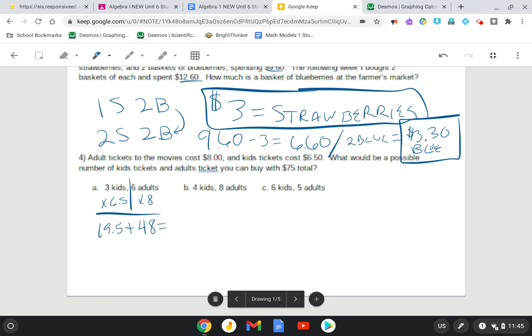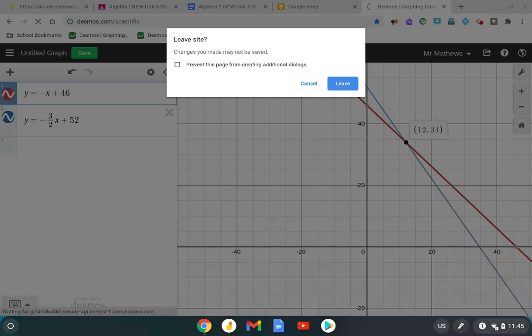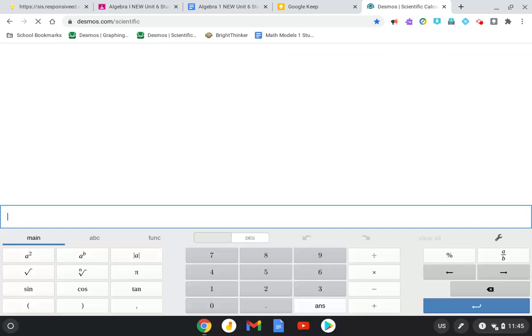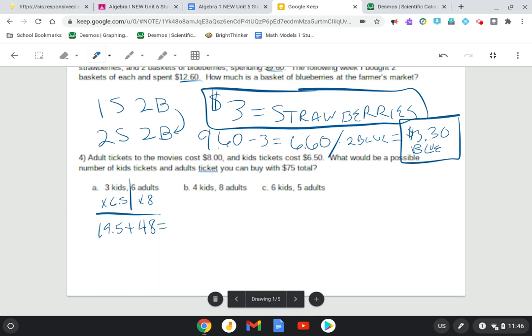Add those up. 19.5 plus 48 is 67.50. So can I buy that with $75? Yes, I can. So we go to the next one.